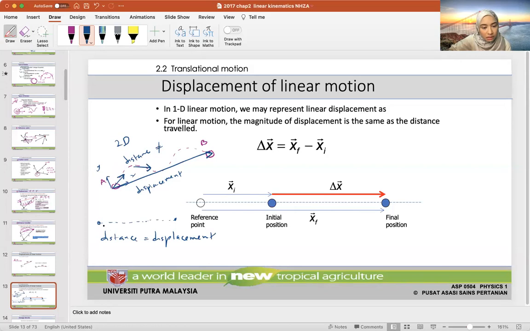Tapi kalau dalam distance 1-dimensional, dia memang akan equal to displacement sebab memang ini jarak yang paling dekat lah. So that is your displacement 2. Your distance is equal to displacement in 1D. Your distance is not equal to displacement in 2D. Okay, that is something to note.